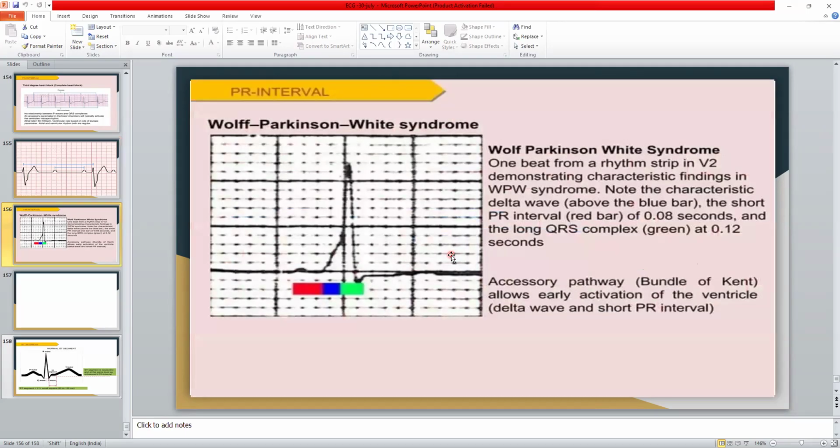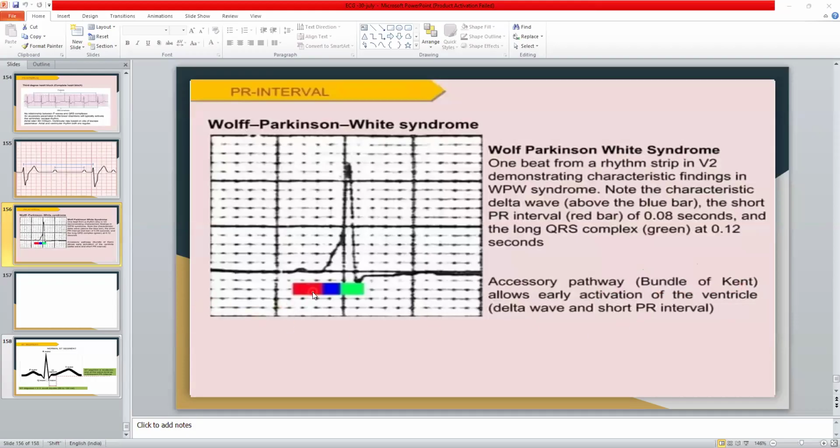What do you mean by Wolff-Parkinson-White syndrome? Wolff-Parkinson-White syndrome, commonly known as WPW syndrome, is a congenital pre-excitation syndrome characterized by a specific pattern on the ECG, indicating the presence of pre-excitation of the ventricles due to an accessory pathway, that is known as the bundle of Kent.